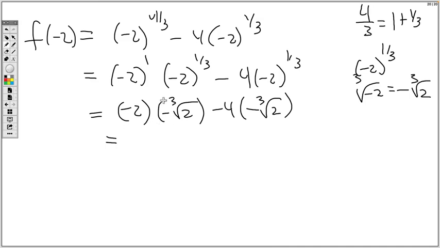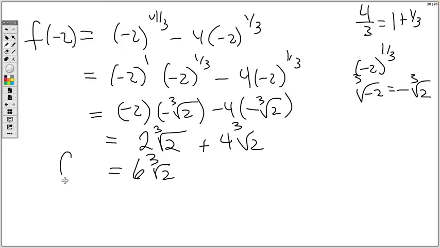So here I'm going to have how many cube roots of 2? So when I simplify, I get how many altogether? 6 of them. And so that's my other inflection point.